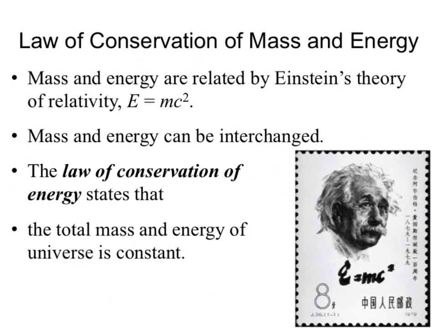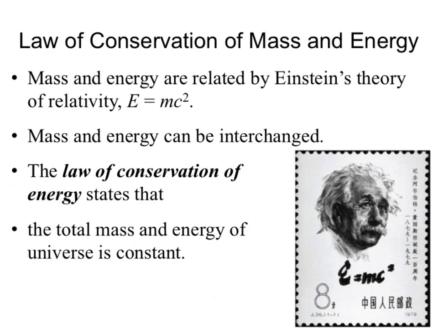So there's a direct relationship between energy and mass. If we must conserve mass, what does that mean about energy? If mass and energy are equal to each other, and mass must be conserved, what does that mean for our energy? Also has to be conserved.